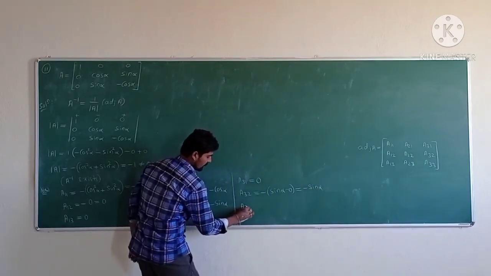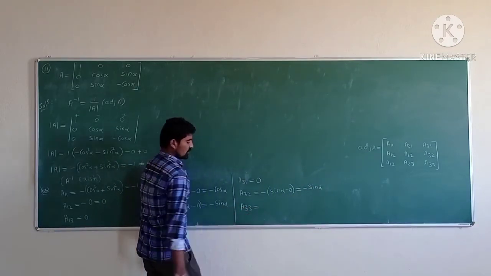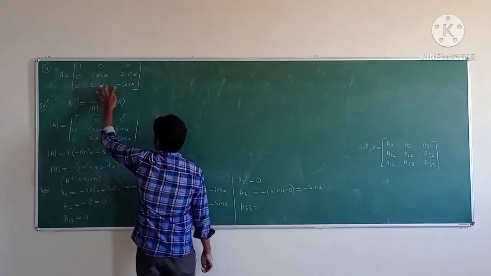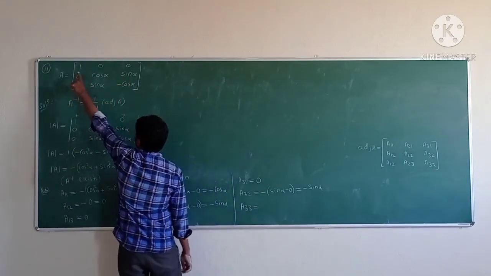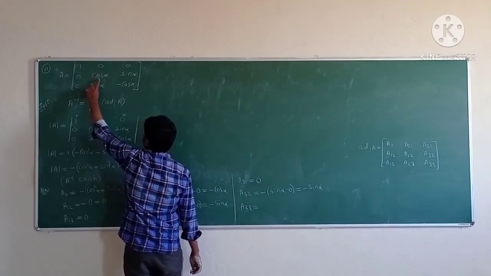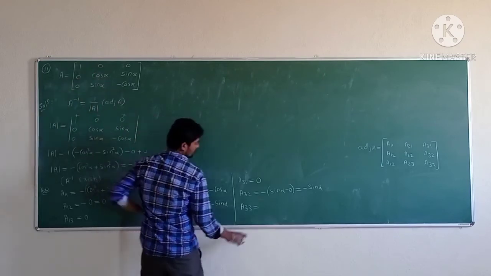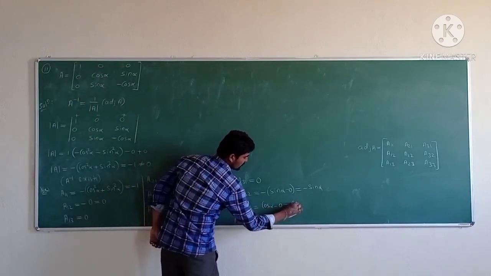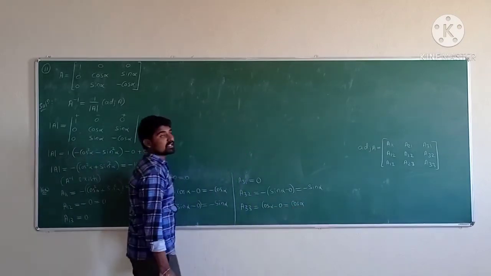Next A33 is obtained by deleting the third row, third column. After deleting this third row, third column, remaining elements 1, 0, 0, cos alpha: 1 into cos alpha, minus 0 into 0, 0, so cos alpha minus 0 is equal to cos alpha.